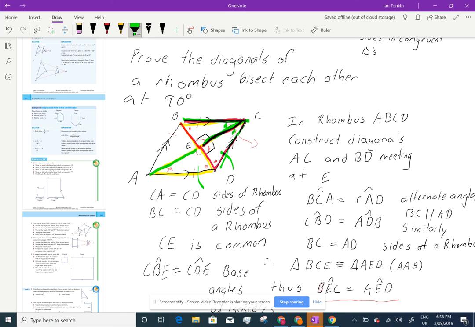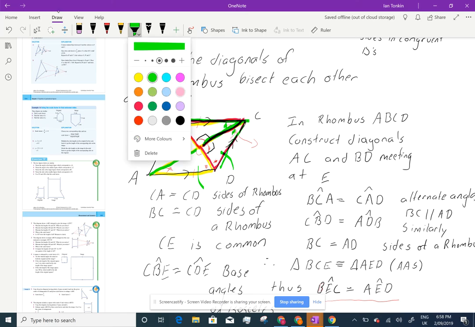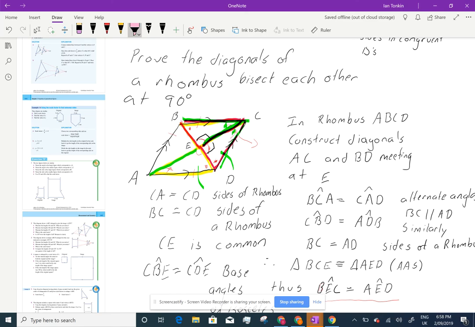And I'm running out of colours here. This line and this line are going to be corresponding sides in these two triangles. And because of that, the diagonals are bisected.